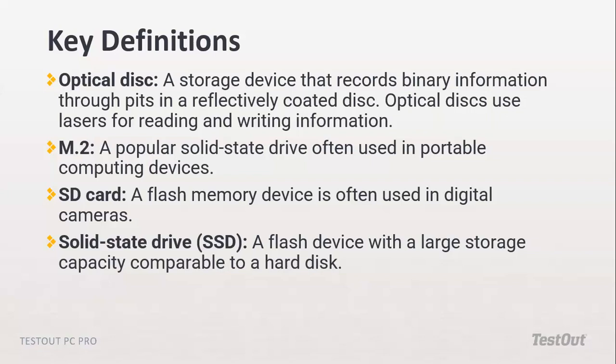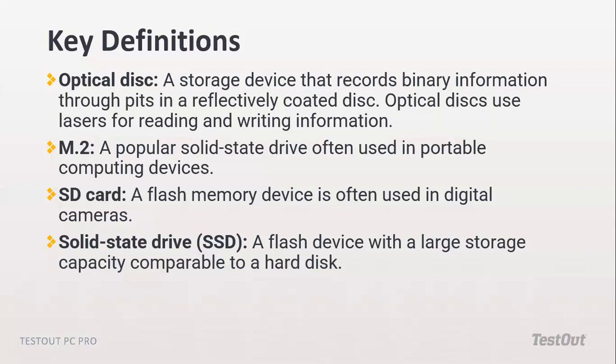The one difference between an M.2 and an NVMe drive is that you use an NVMe to expand storage within your computer by connecting it to the PCIe slot or an expansion slot, whereas the M.2 is just a popular type of solid-state drive that we use in portable computing devices. What do we mean by portable computing devices? We are talking about things like smartphones, tablets, laptops, etc.